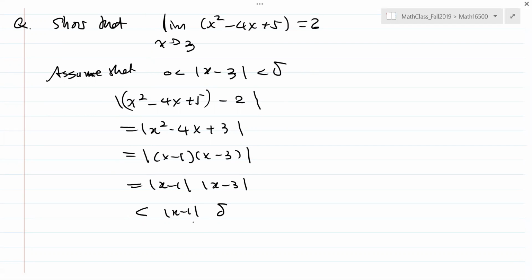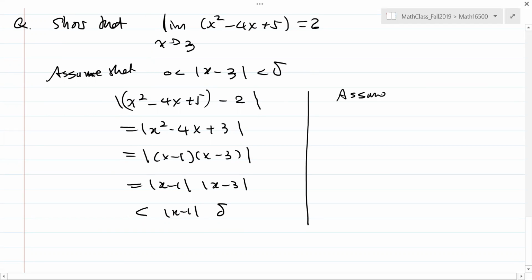So I have to put an assumption on delta in order to get rid of this x here. I put an additional assumption: delta is less than or equal to 1. Under this assumption, x minus 3 is less than delta and greater than negative delta.